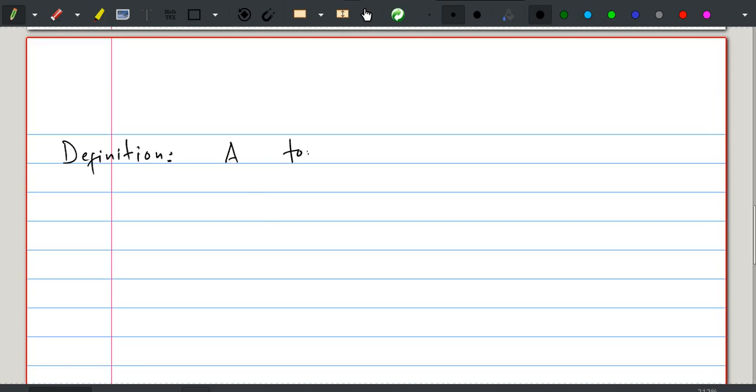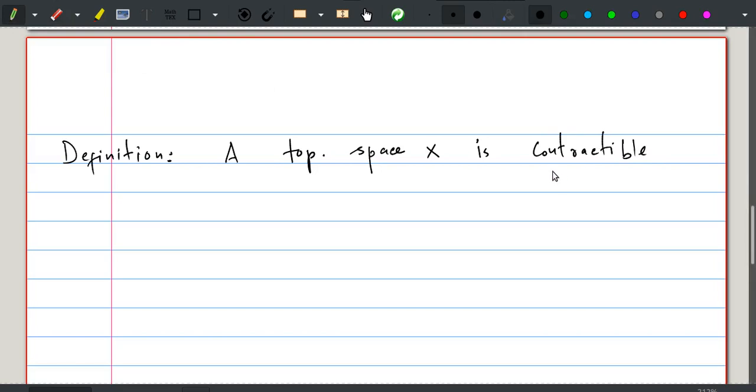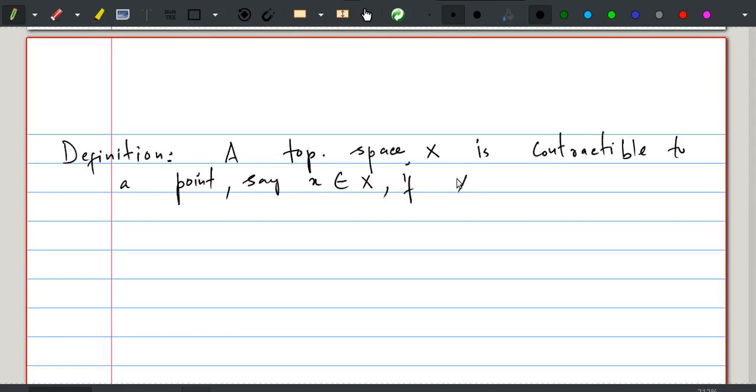A topological space X is contractible to a point, say x in X, if X is homotopically equivalent to this singleton.